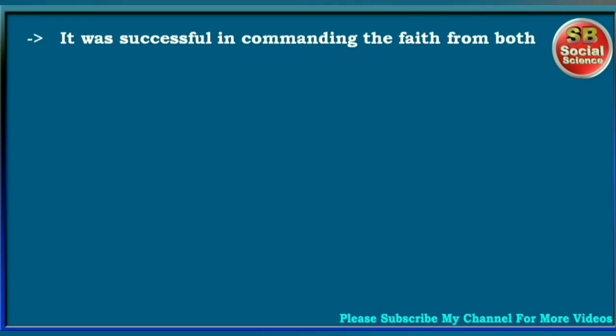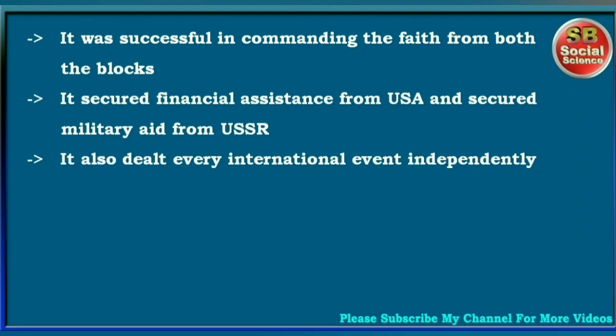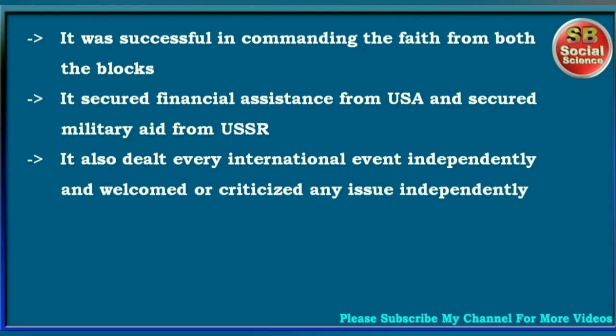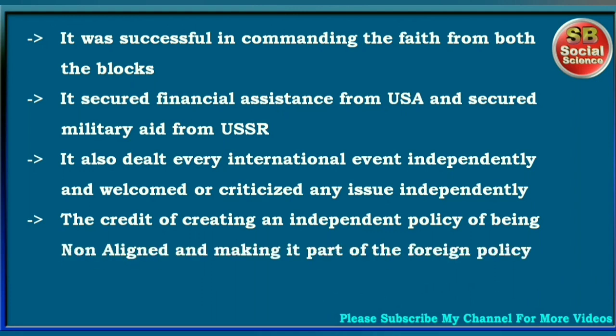It was successful in commanding the faith of both blocs. It secured financial assistance from the USA and military aid from the USSR. It also dealt with every international event independently and welcomed or criticized any issue independently. The credit for creating an independent policy of non-alignment and making it part of foreign policy goes to India.